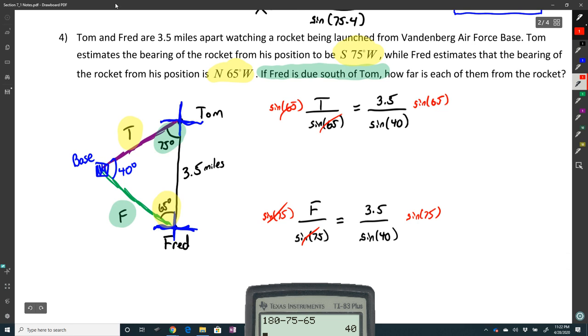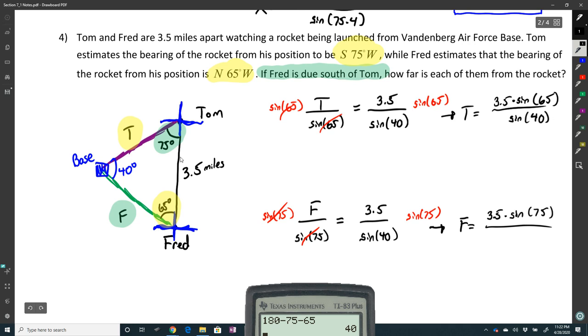So T is equal to 3.5 times sine of 65 over sine of 40. If for some reason the homework says exact answers only, this is what you would have to type in. This is the exact answer, no decimals. But usually the homework will say round to the nearest couple digits. So F is equal to 3.5 times sine of 75 over sine of 40.